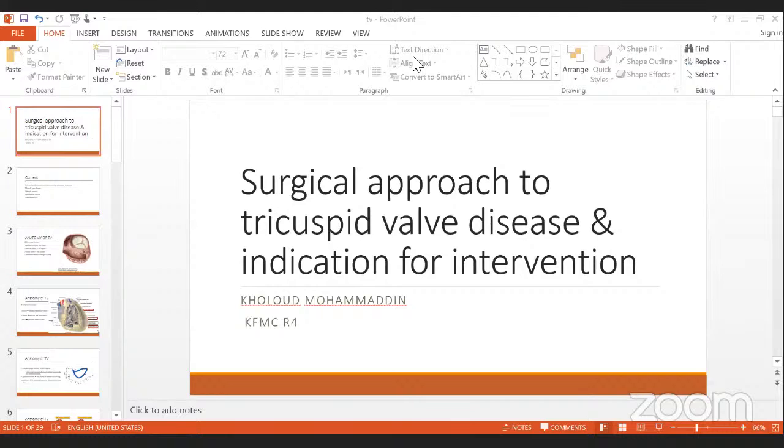So the decision was made that the valve could not be repaired, and replacement was carried out. He had some sort of stenosis. But when you ask me about a classical tricuspid stenosis, secondary to trauma, no, I didn't see that.